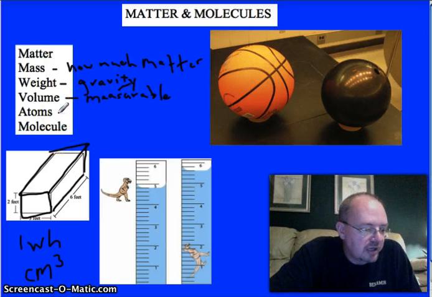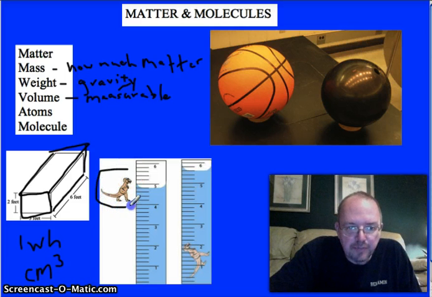But anyway, there are volume formulas for spheres and cylinders and many objects which have simple formulas to measure the volume. But what if you have an irregular object? Let's take this little toy dinosaur, for example. This toy dinosaur does not have the easy dimensions like this rectangular box had. It's irregularly shaped.